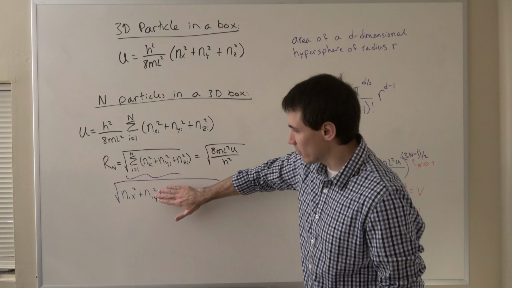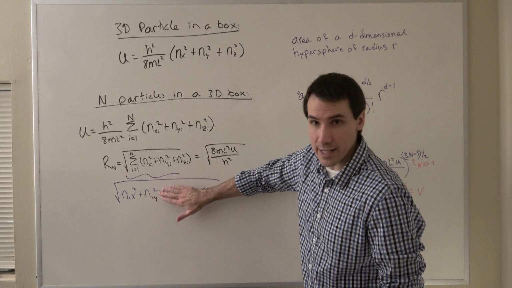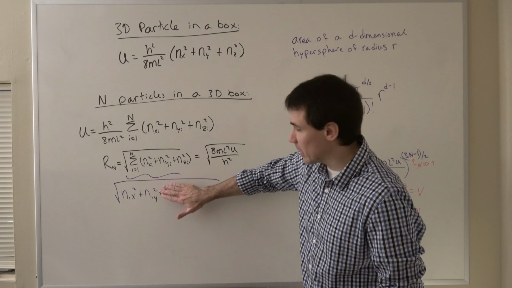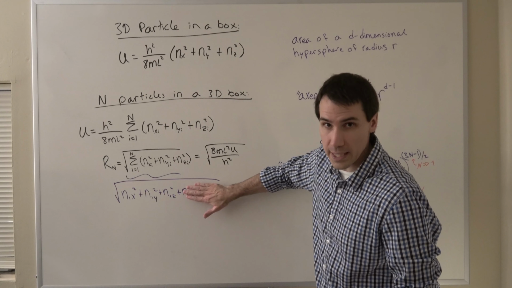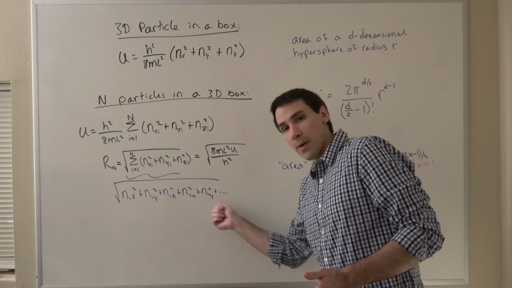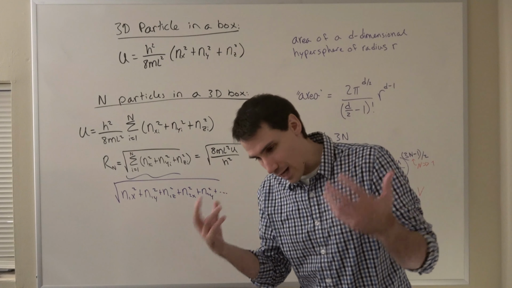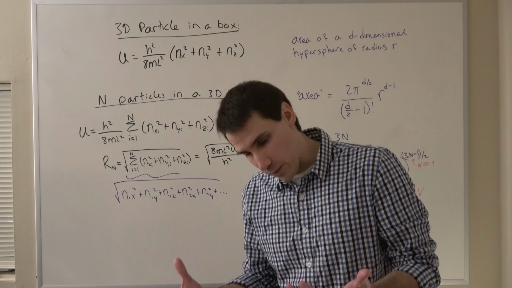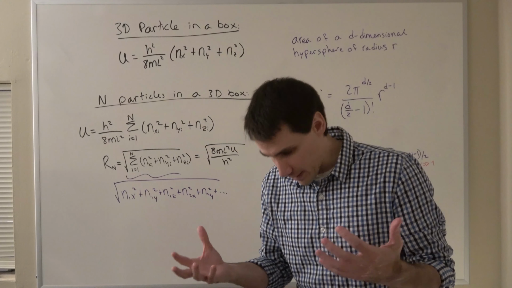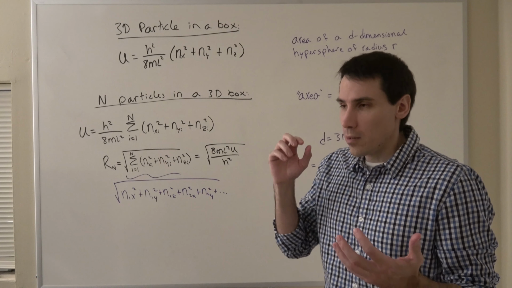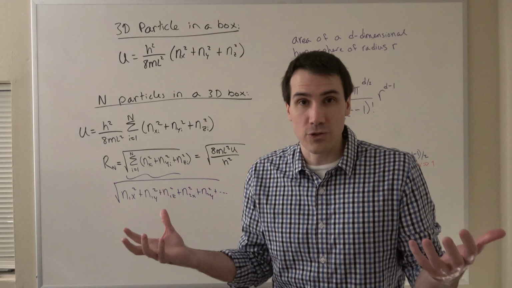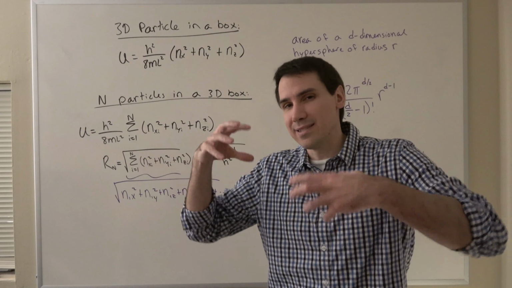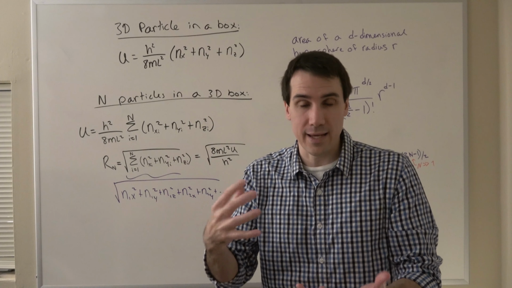If I keep the number of n's to 2, I get a circle in 2 dimensions. If I keep the number of n's to 3, I get a sphere. If I keep adding them, I get what's called a hypersphere, which is not something that we can draw or represent well in 3 dimensions, but it is a mathematical construct that has the same basic features as a sphere.